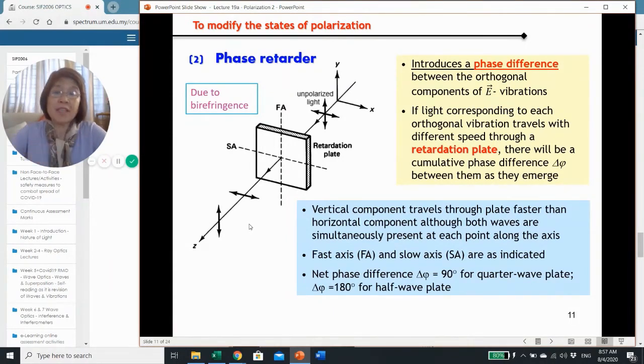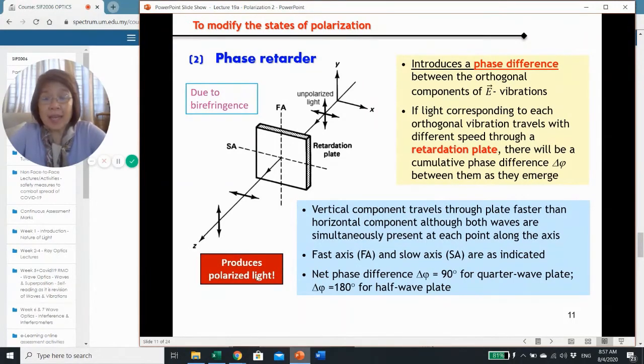If the net phase difference that is produced is 90 degrees, or pi over 2, then we call this a quarter wave plate. If the phase difference introduced is 180 degrees, then we call it a half wave plate. So polarized light is produced because if the phase difference is 90 degrees, we get circularly polarized light.